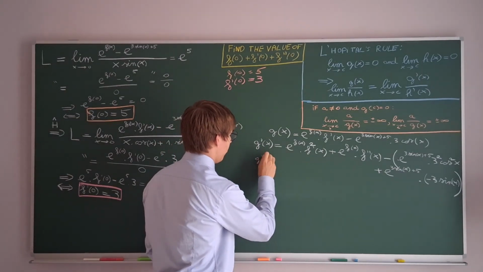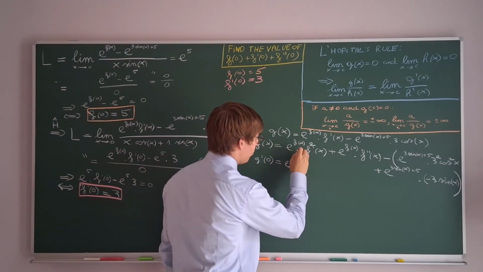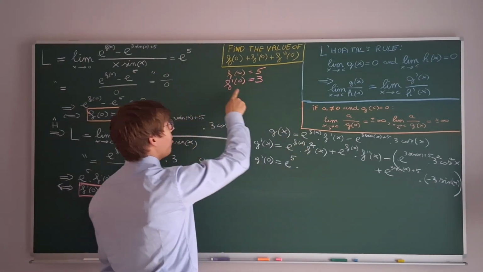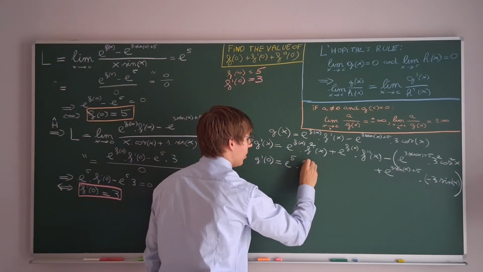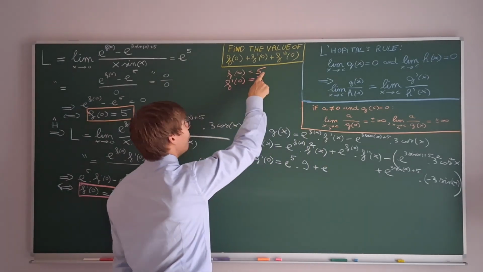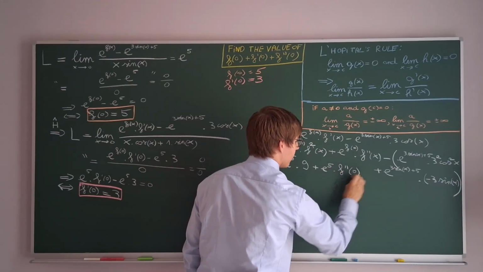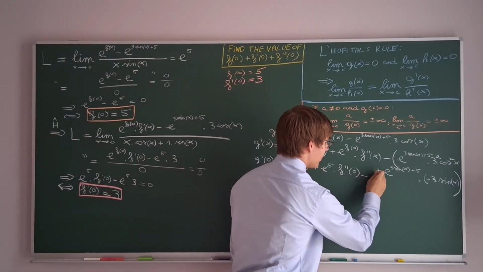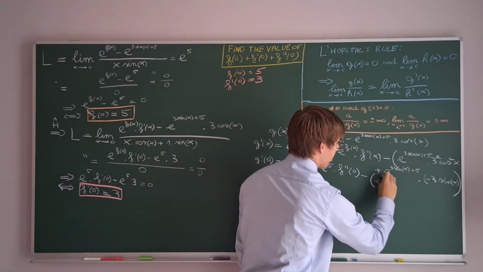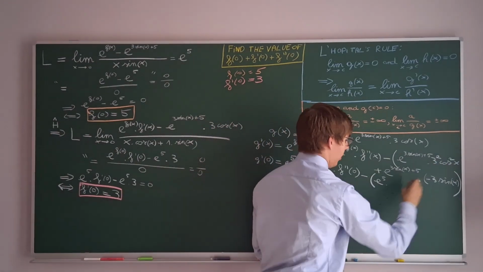So g prime of x at 0 will become e to the f of 0, which is 5, times f prime of 0 squared, which is 9, plus e to the 5th times the second derivative at 0, minus, and then we get e to the 5th times the cosine of 0 is 1, so this becomes 9.